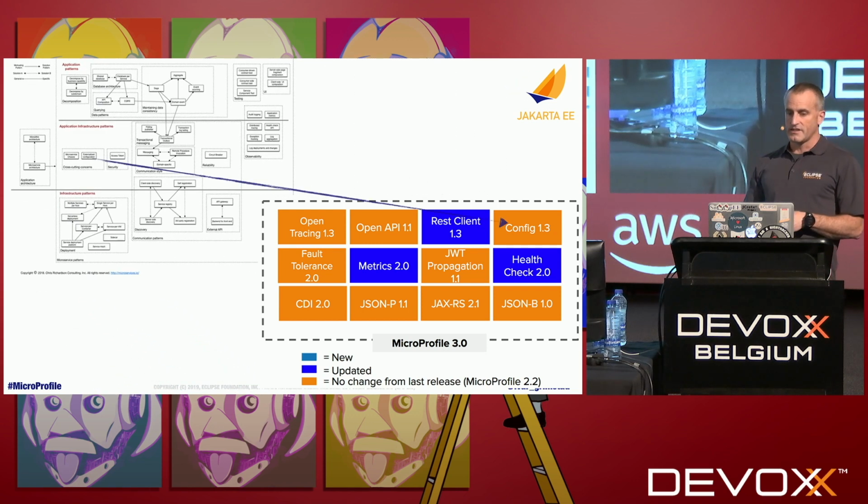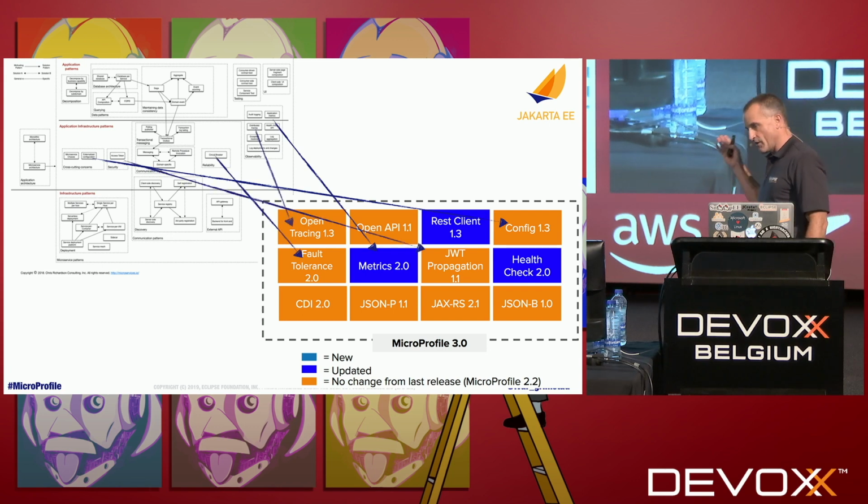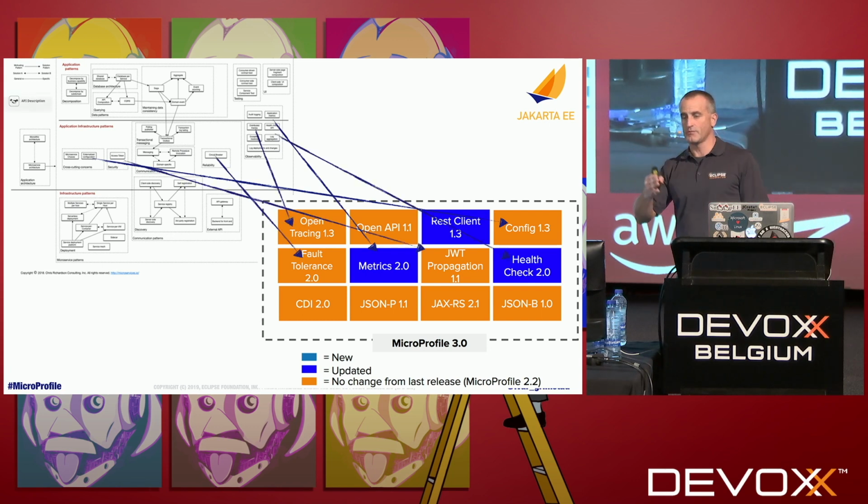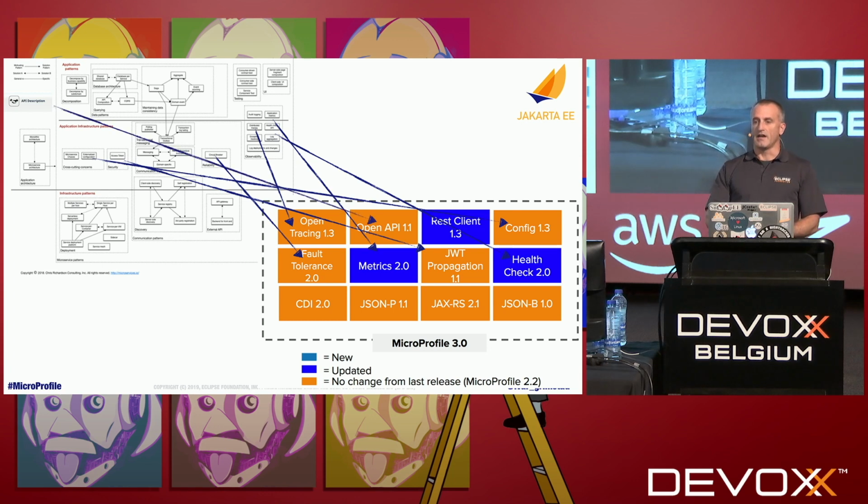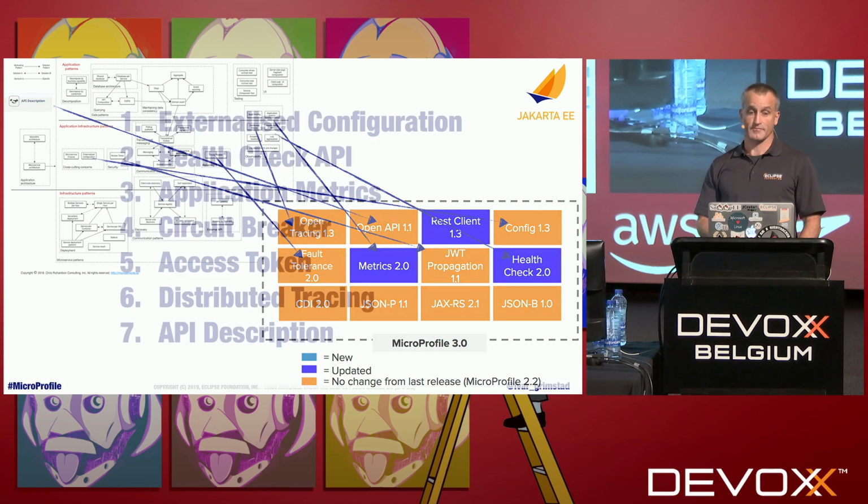As you see here, the patterns or the API specification of MicroProfile maps very well into the patterns on this graph. And you also have the API description pattern, which is from microservice patterns out there. So you see the microservice patterns map very nicely into MicroProfile 3.0.